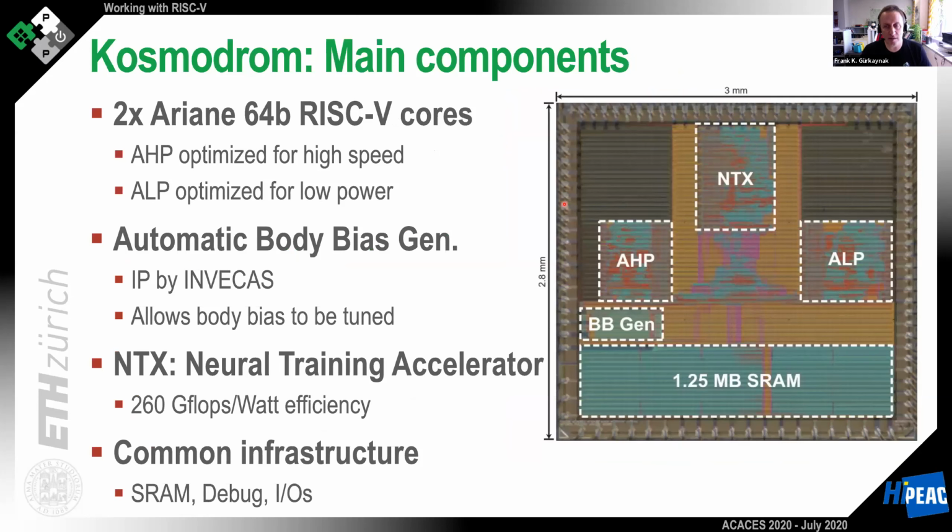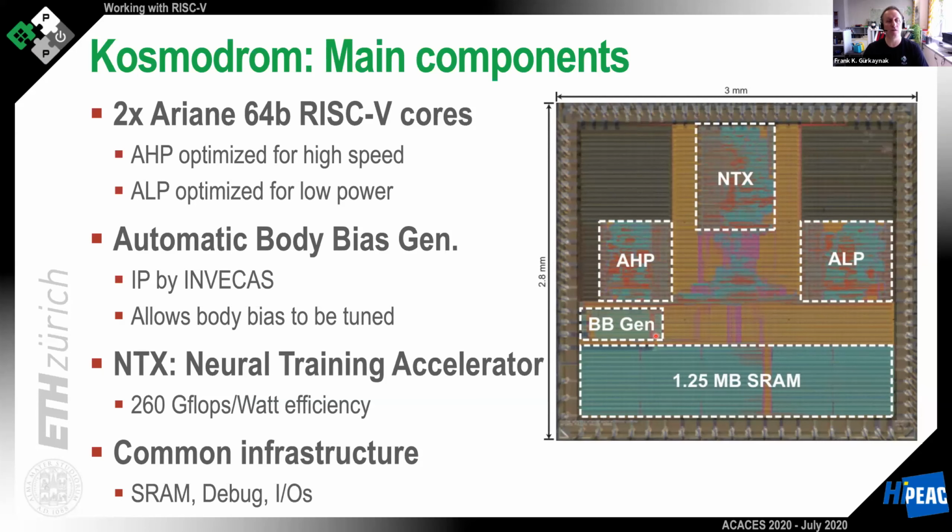So this is what's inside this first chip. We have actually two Ariane 64-bit RISC-V cores. These are the cores that Luca was talking about yesterday. One of them is here. The HP is the core optimized for high speed. The exact same core is also optimized using different libraries for a different operating point. We call it the ALP. There is the automatic body bias generator. This is an IP contributed by Invecas, which was the foundry supplier for IPs in this particular technology.